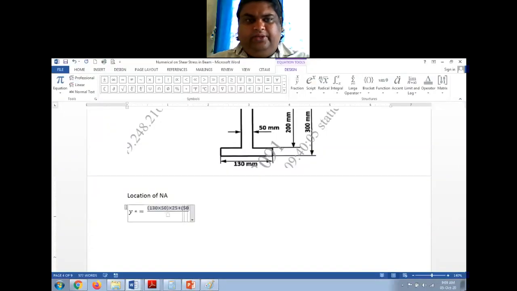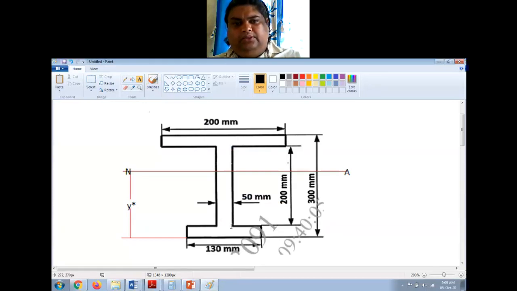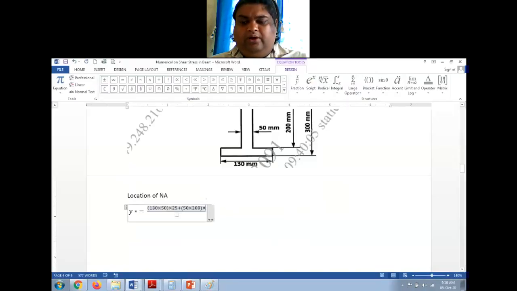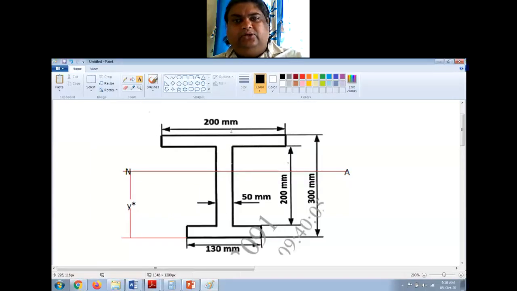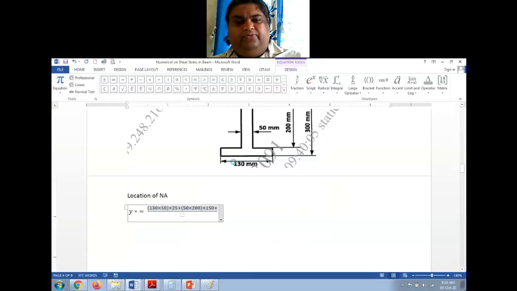So it is 50 by 200 into the center of gravity of this rectangle is at 200 by 2, that is 100 mm from this point, and this height is 50 mm. I'm finding y bar with respect to this. So 50 plus 100, so that is 150, plus the third rectangle is at the top, this one, this flange. This is 200 by 50.